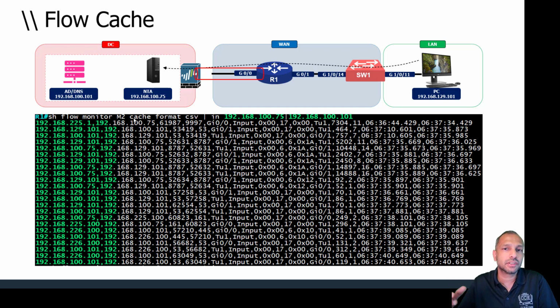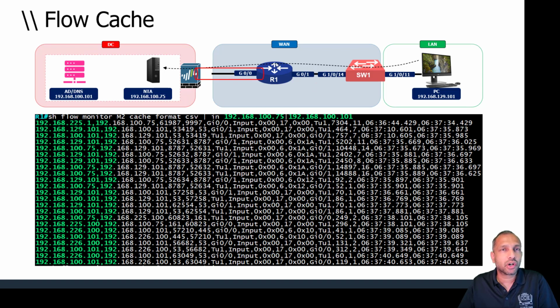That will give the flow cache information. While I was accessing this particular server from this client, I ran this multiple times. That's how I collected the information. I filtered to IP addresses 100.75 and 100.101. 101 is my DNS server, and 100.75 is the server the client is trying to access.